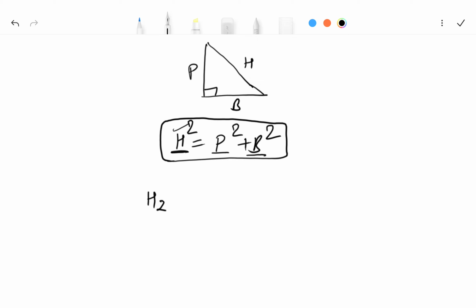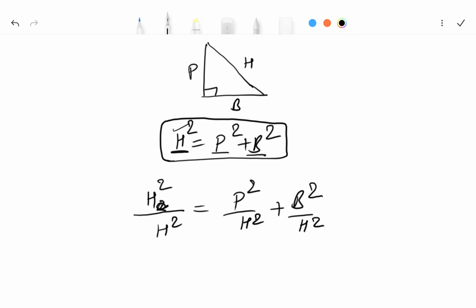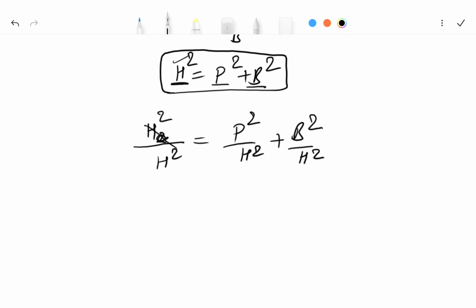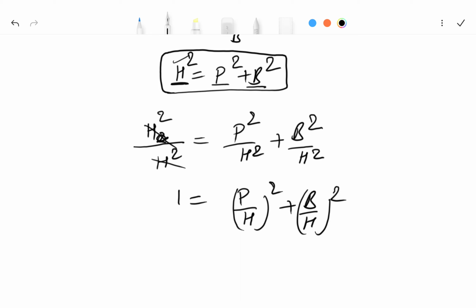H square by h square is equal to p square by h square plus b square by h square, and we can cancel h by h, and it is equal to p by h whole square plus b by h whole square.